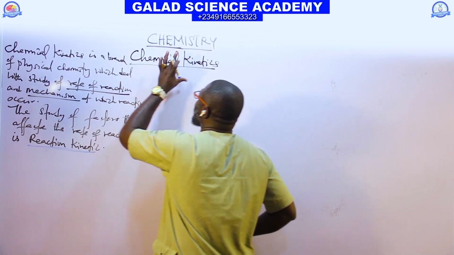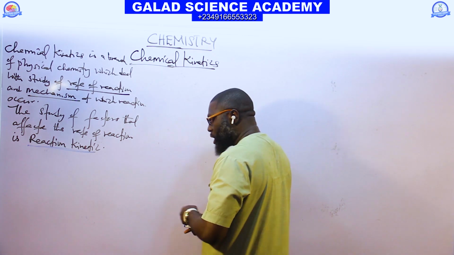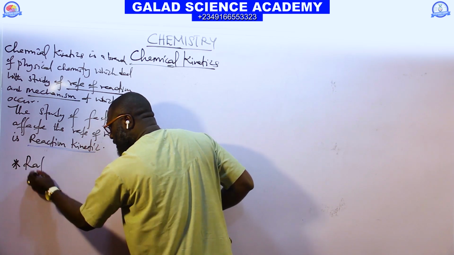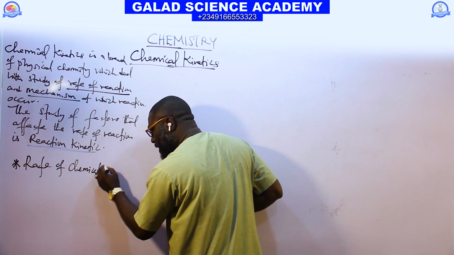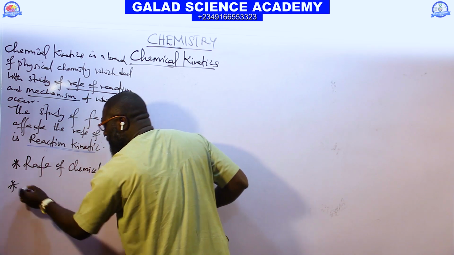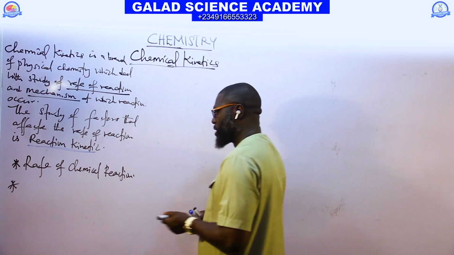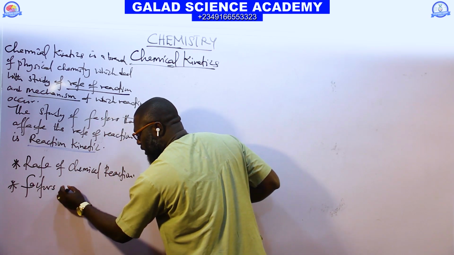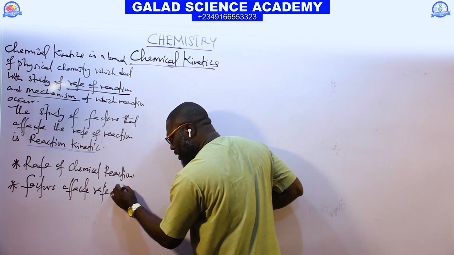So under chemical kinetics as a topic, we are going to treat the rate of reaction, which is called the rate of chemical reaction. The second one we are going to treat is factors that affect the rate of reaction.